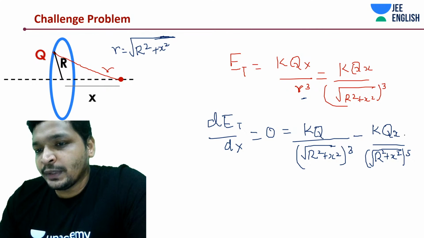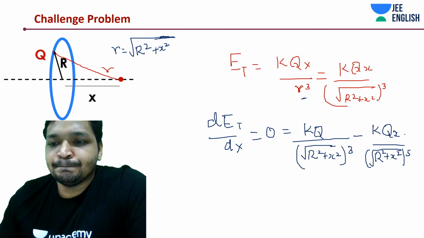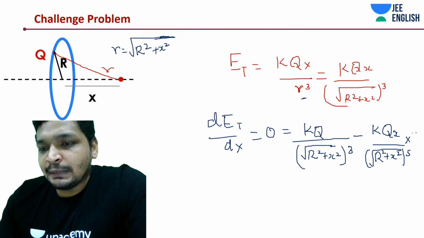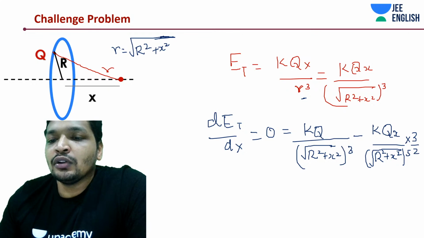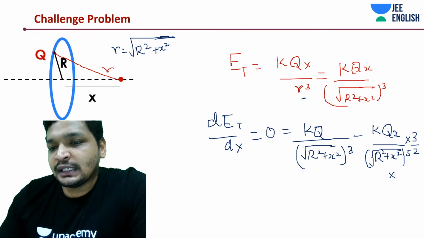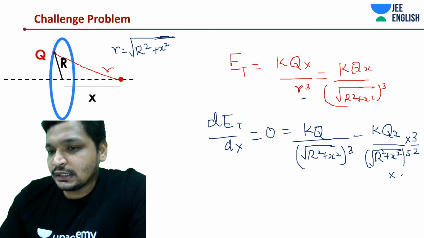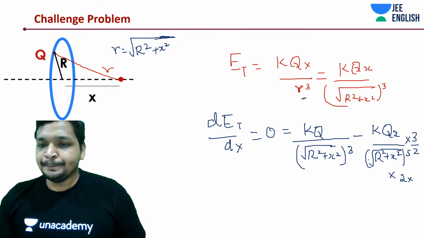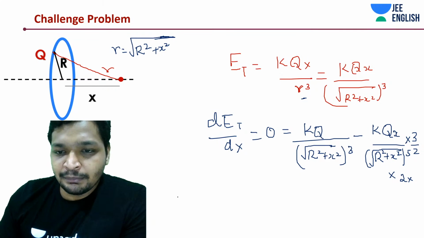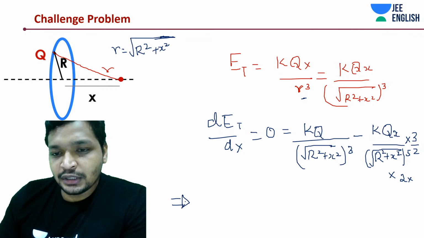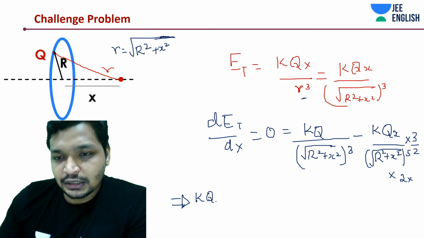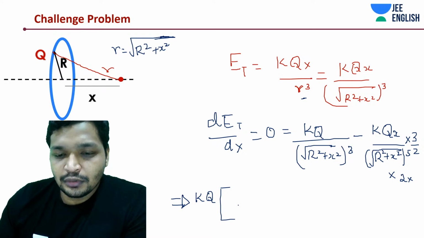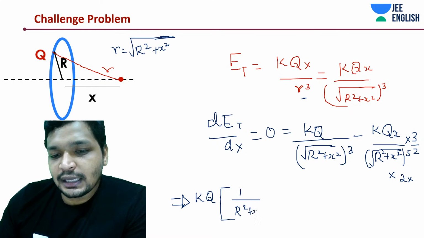There would be a 3 by 2, and I'm just carrying forward the next term and a 2x, right? If I write this equation a little more neatly, it would look something like this: kq divided by r square plus x square to the power 3 by 2.